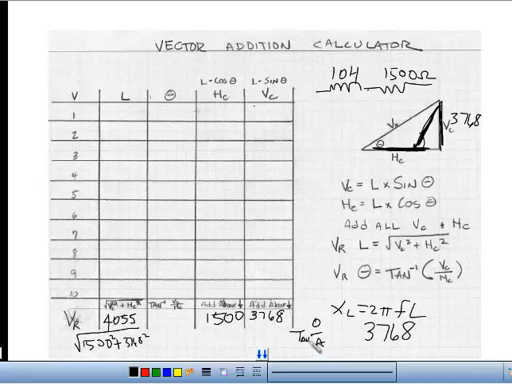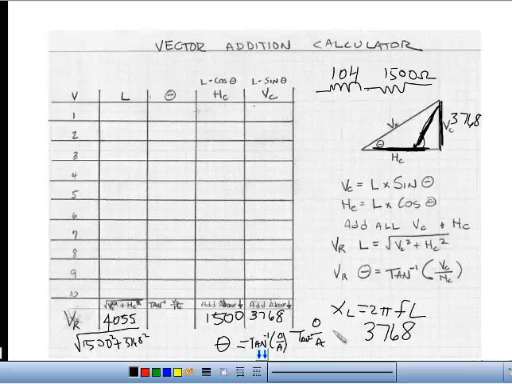So if you're looking for the angle, we're going to use the second tangent, the arc tangent, since we know the two sides, and that will give us theta.